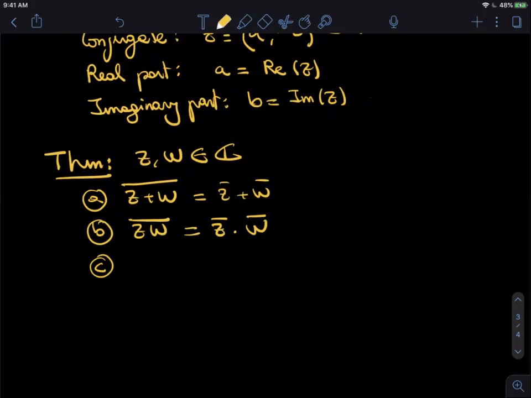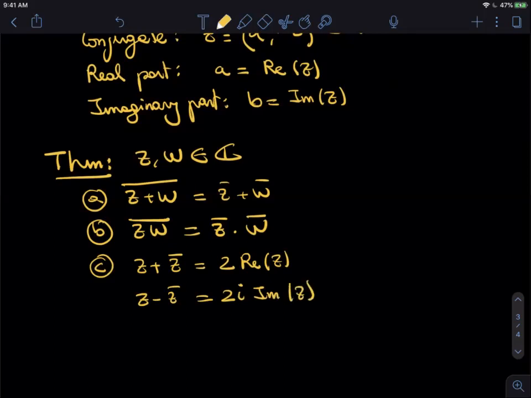Now, there is a cool way of computing the real part and the imaginary part, which is just adding together the number and the conjugate. This way we get twice the real part of z. And if we subtract, we get 2i times the imaginary part of z.